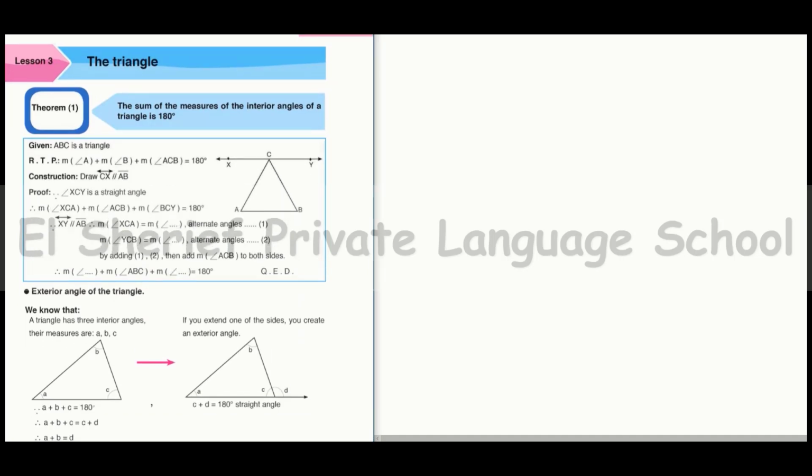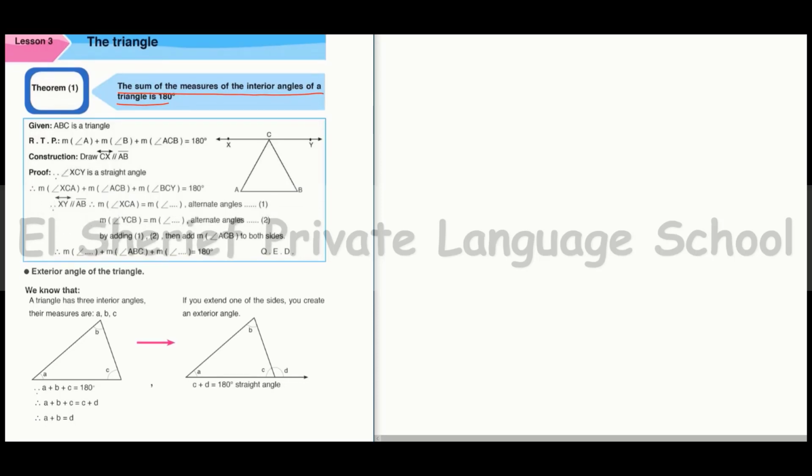At first, theorem 1 بتقول ايه؟ The sum of the measures of the interior angles of a triangle equals 180 degrees. After that, we know that the measure of the exterior angle of a triangle is equal to the sum of the measures of the two interior opposite angles, non-adjacent.